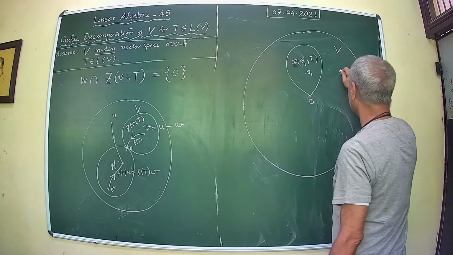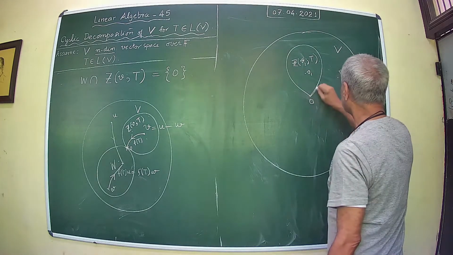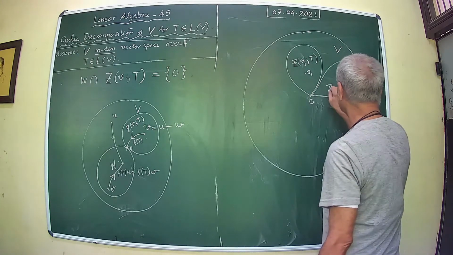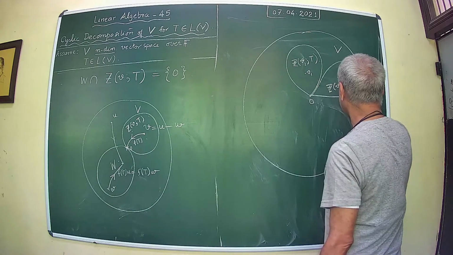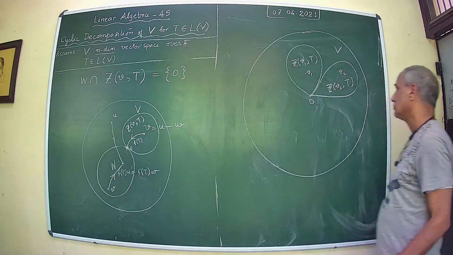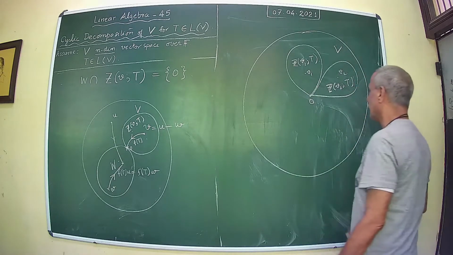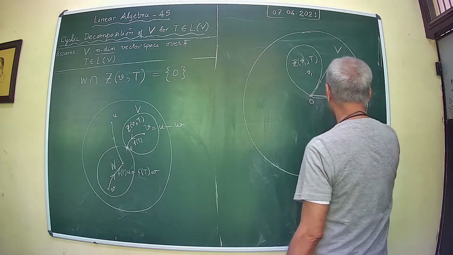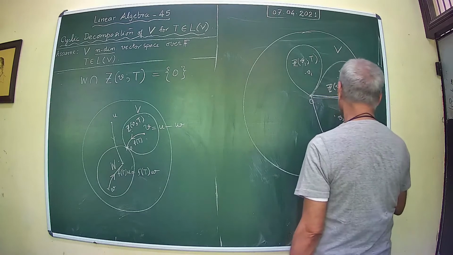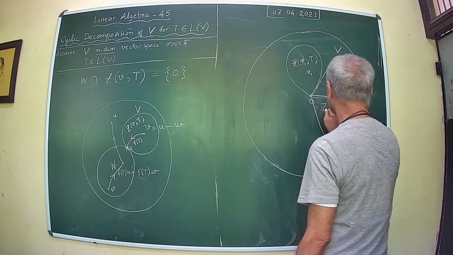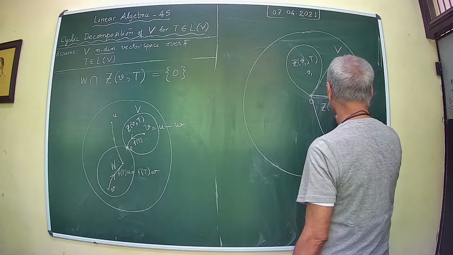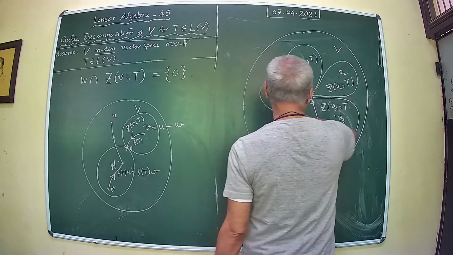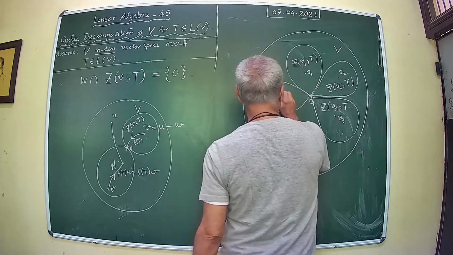Find a V2 outside this such that... if they do not add up to V, then what you do is find a V3 and then generate... and so on. Eventually end up with the VR.